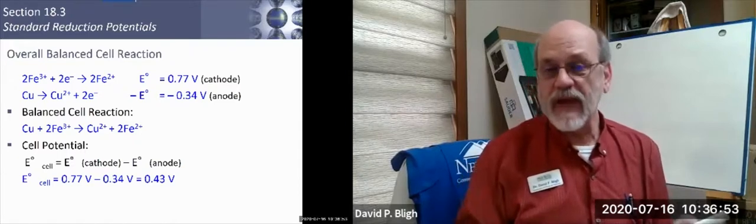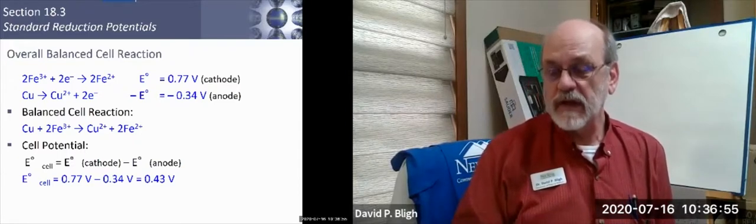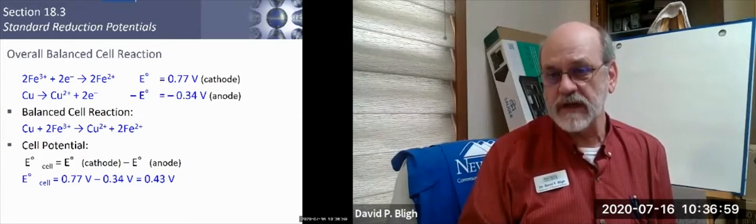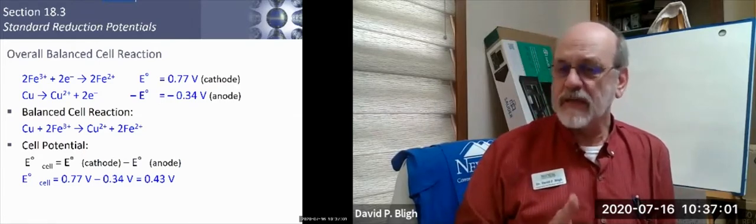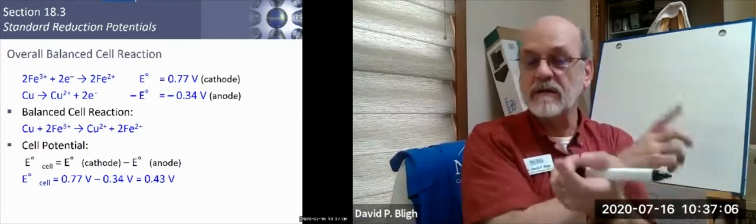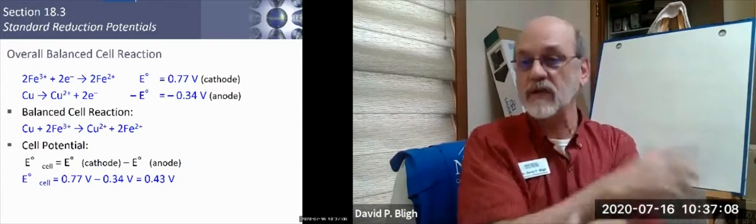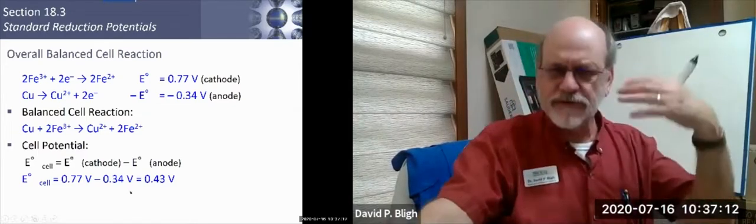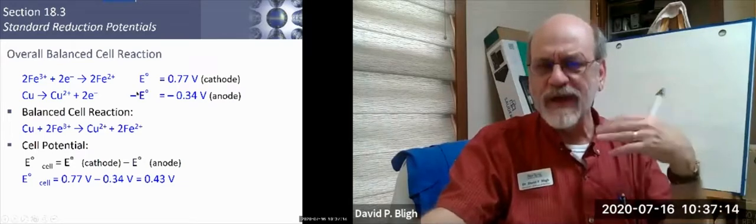If you call one the anode and the other one the cathode, then you change the anode's potential because it's oxidation, and add them together. If it's negative, that means you just need to flip the reaction and make the cathode the anode and the anode the cathode. So either way works. This just follows a logical flow better for me.